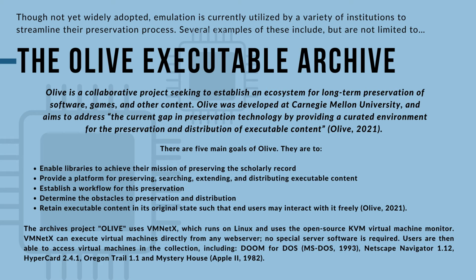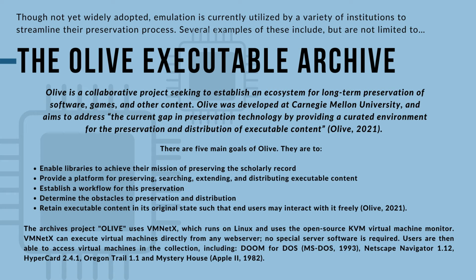They are to enable libraries to achieve their mission of preserving the scholarly record, provide a platform for preserving, searching, extending, and distributing executable content, establish a workflow for this preservation, determine the obstacles to preservation and distribution, and retain the executable content in its original state such that the end users may interact with it freely.